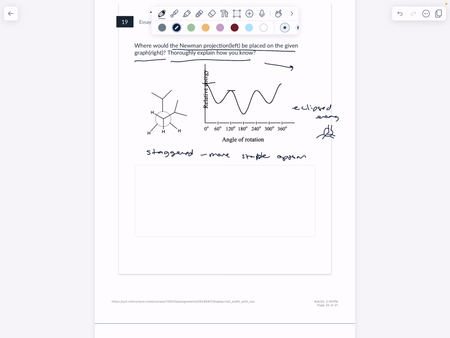So these higher energies are likely going to be from eclipsed positions. As you keep rotating this, it gets eclipsed, and then you rotate it, and it is opposite. So that's what I think these higher energies are going to be from, these eclipsed positions. So I'm going to eliminate those from my answers.